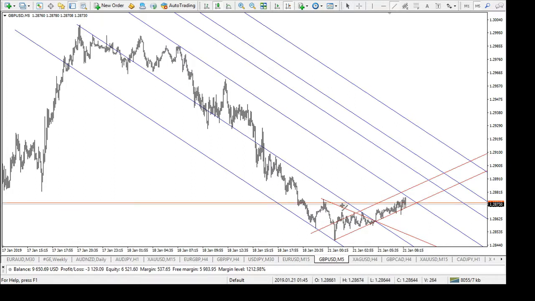We have one more level of resistance, and the price has not broken above it yet.